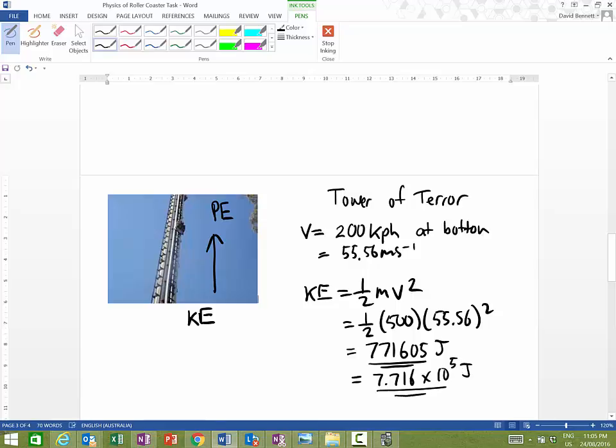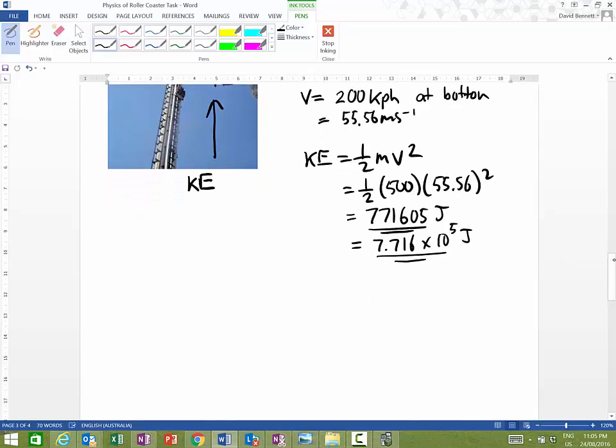The key thing with this question is that at the top, the kinetic energy is converted to potential energy. So at the top we know the potential energy is going to be equal to 7.716 times 10 to the 5 joules.